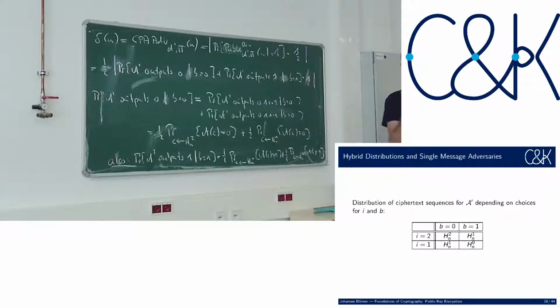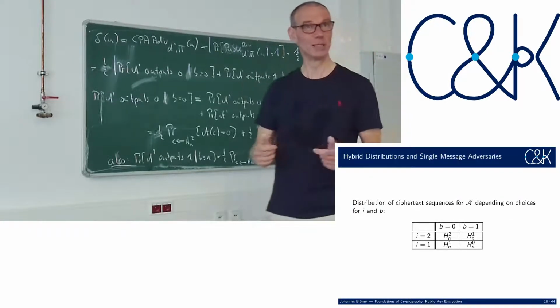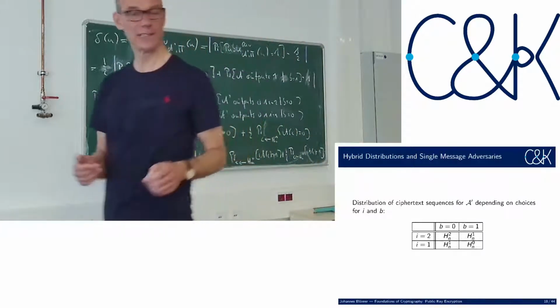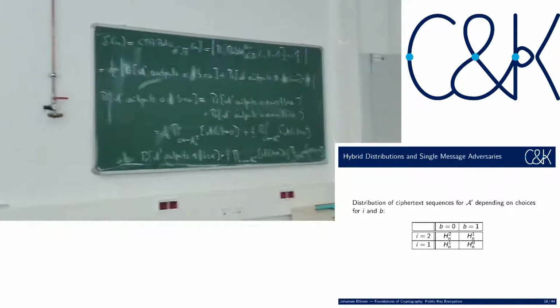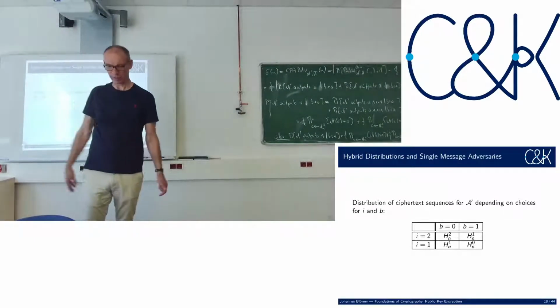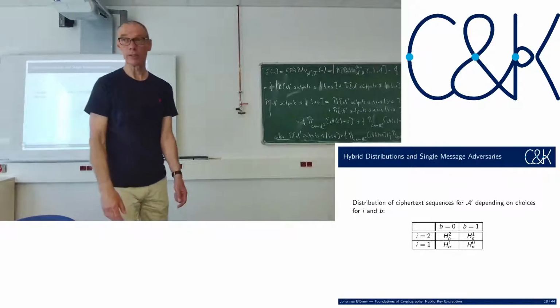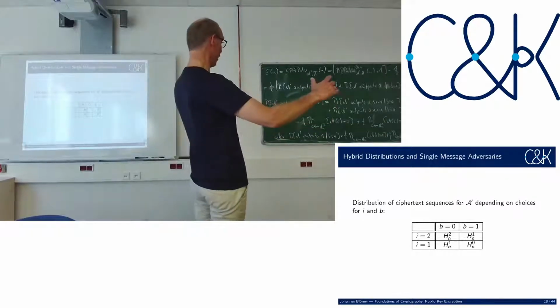But A outputs either 0 or 1, so the two probabilities sum up to 1. So they will disappear nicely. This is where the proof becomes a little bit more detailed than just doing this triangle inequality. Okay, good. So now let's put everything together.